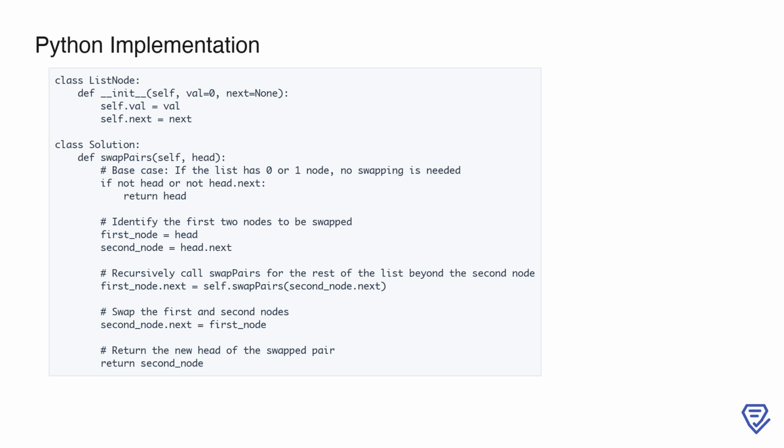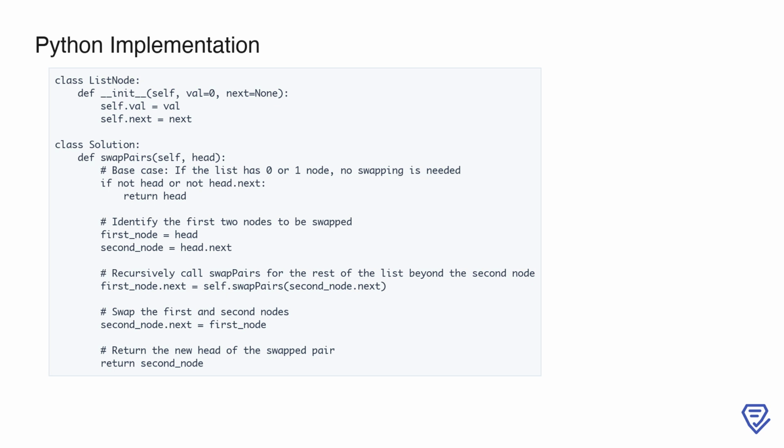4. Recursive step. The first_node is set to the current head, and the second_node is head.next. The method then recursively calls swapPairs on the rest of the list starting from second_node.next. This ensures that pairs in the remaining list are swapped before reconnecting. 5. Swapping nodes.